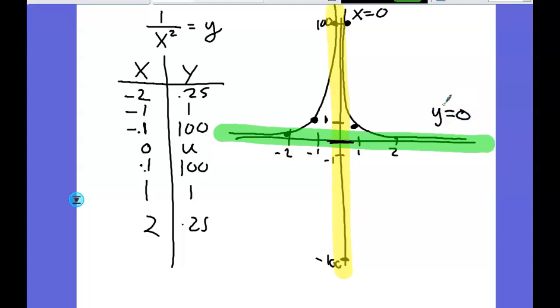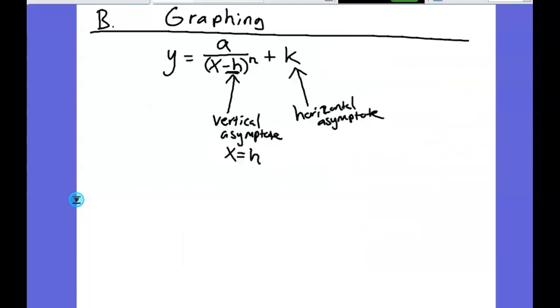So it's y equals 0. But if you were to shift your graph up and down, like say up, now your asymptote will be up here. So basically, this number that we're adding on to our function shifts our graph up, and that will basically tell you what your horizontal asymptote is. So your horizontal asymptote will be whatever number that is.